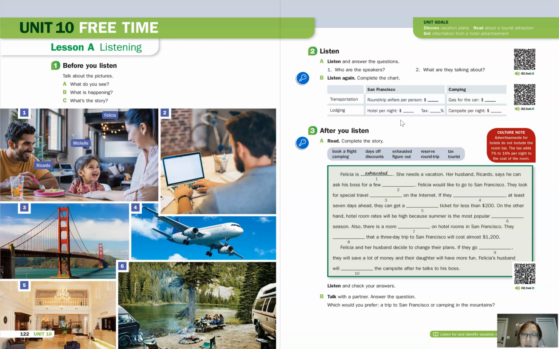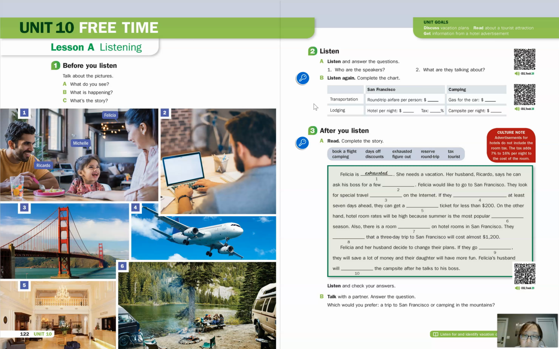Okay, and then let's look at camping. So how much will gas be if they go camping? How much will gas cost if they go camping? So we can say if they go camping, gas for the car will cost $100.